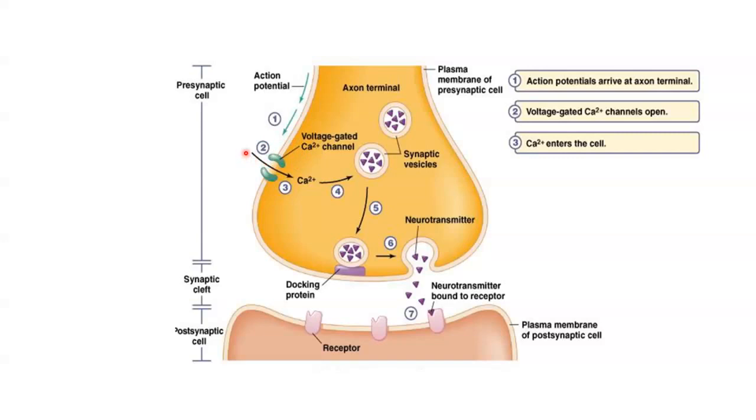This will allow calcium to enter the axon terminal, going down its concentration gradient. Calcium in the axon terminal will then signal these synaptic vesicles to move down towards that synaptic cleft. Remember, our synaptic vesicles are full of neurotransmitter, so a chemical messenger.